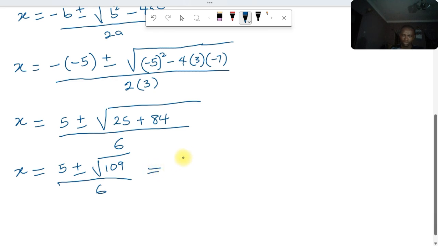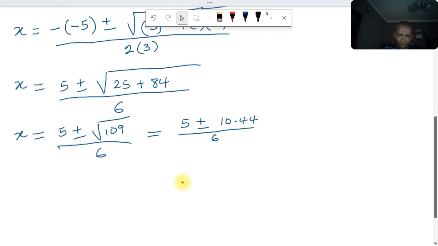And this will give us 5 plus or minus, if you take the square root of 109, you will have an approximate value of 10.44, all over 6. So now I will split the minus and plus down.